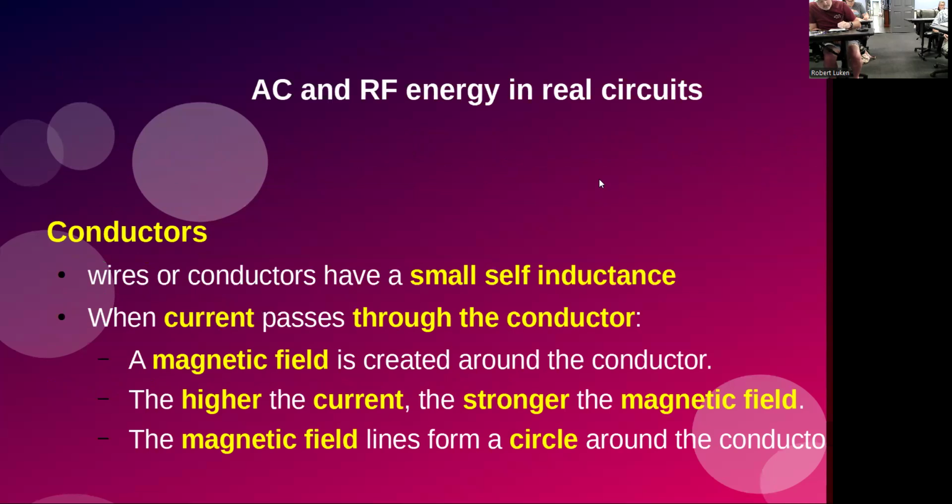Now let's talk about what happens when you have AC or RF energy in a circuit and things change from the nice world of 60 hertz or DC values. A wire, even if it's straight, will have what they call self-inductance.